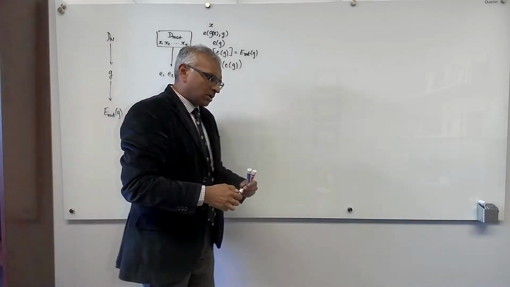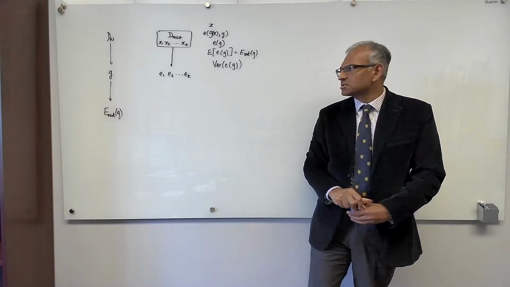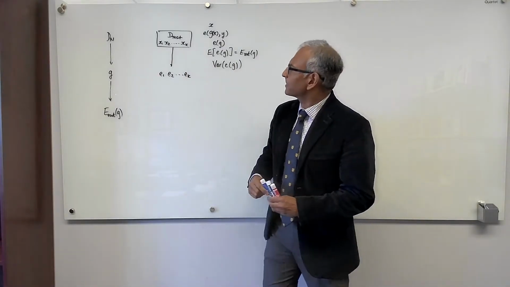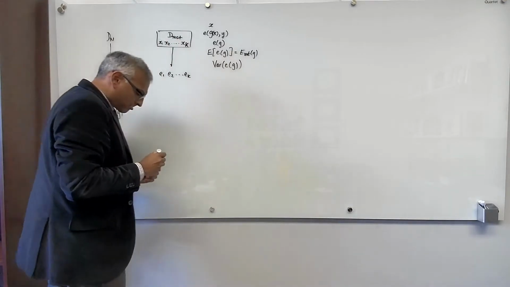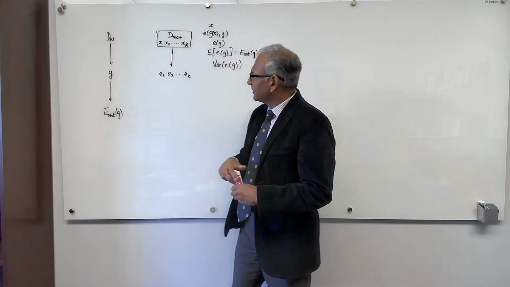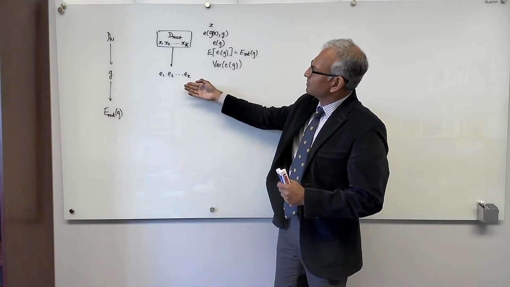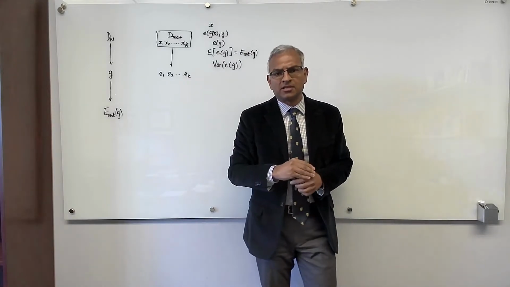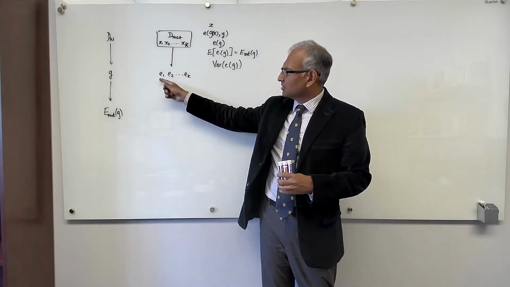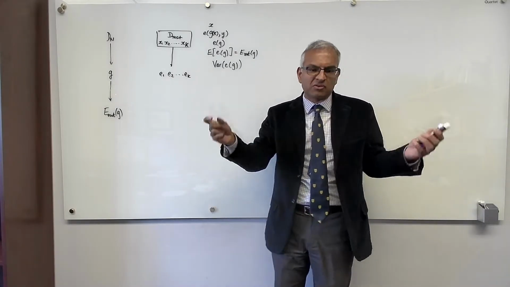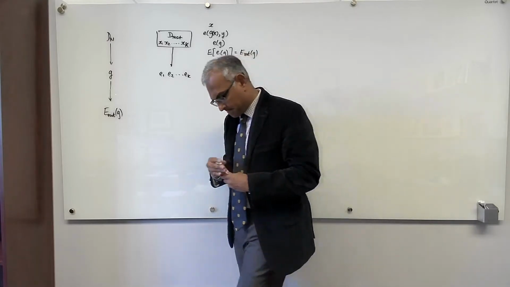So what's the error made by my final hypothesis on k test points, let's call it capital K? The error made depends on what the application is. If it's classification, it's the number of mistakes, since each is either correct or a mistake. If it's regression, it's, let's say, the squared error, and so on.